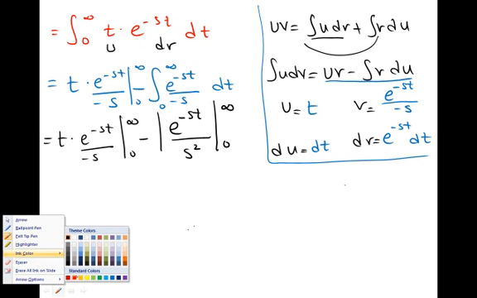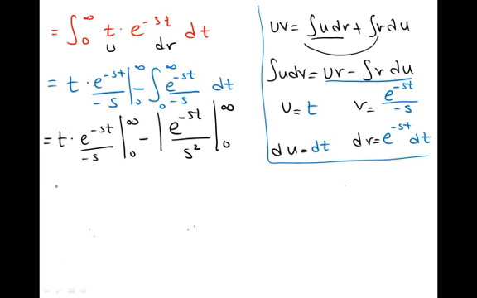First you'll have infinity times e to the power of minus s times infinity over negative s. So I'm done with the infinity part. Now it will be minus, instead of t I'll put 0 times e to the power of minus s times 0 over minus s. Now I'm done with the first part.